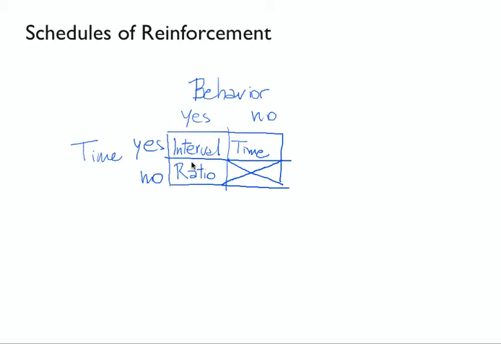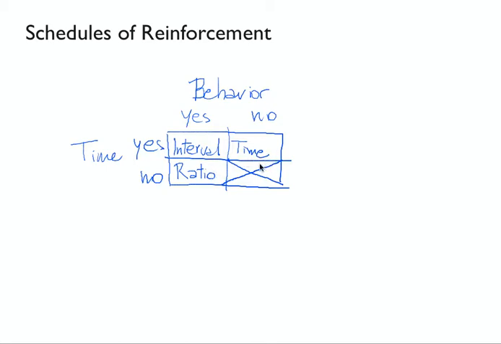With interval schedules, not necessarily. You can do a lot, but you also have to wait some time. Reinforcement is contingent upon time too. Now, when it's only a time schedule, when there is no behavior that can produce that, when reinforcement is not dependent on behavior at all, then we refer to this as time schedules.